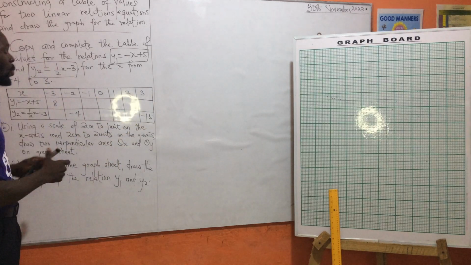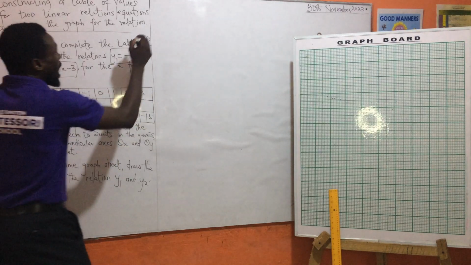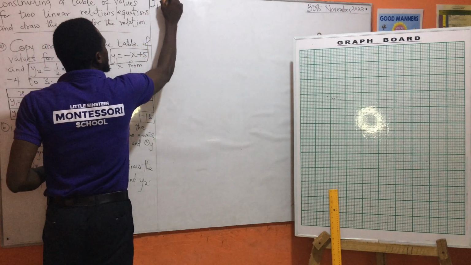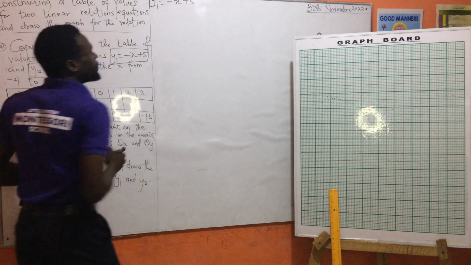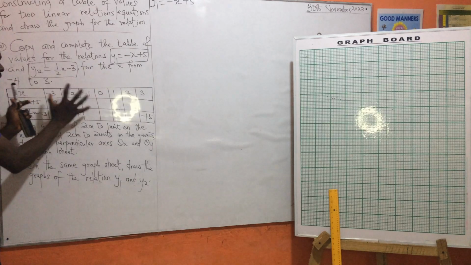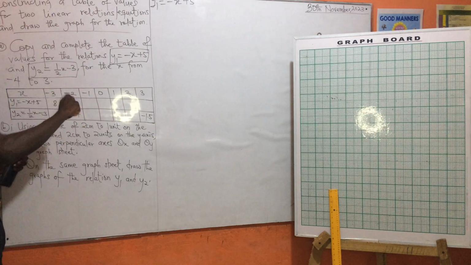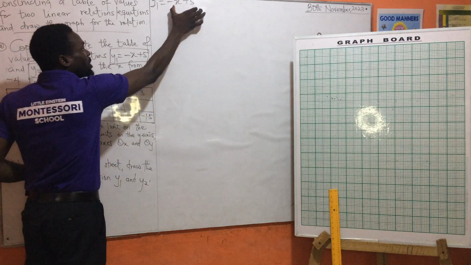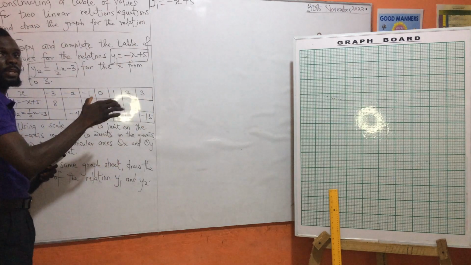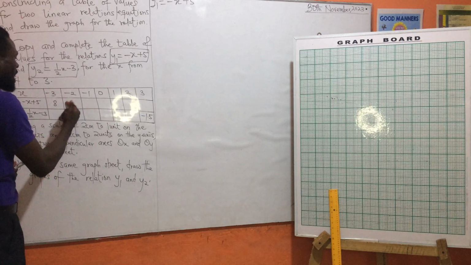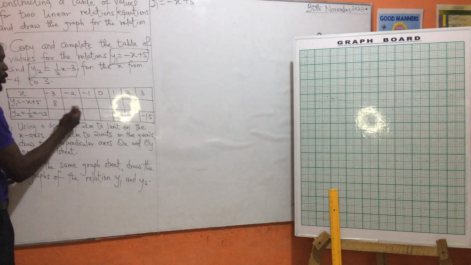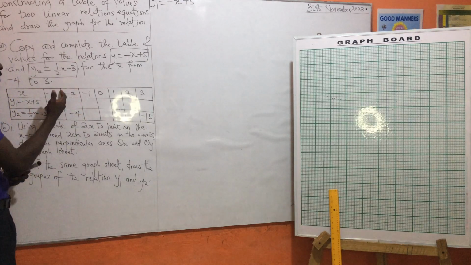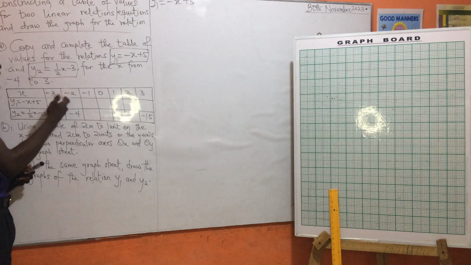So let's take the y1 relation. The y1 has been given as negative x plus 5. To complete the relation, all we need to do is take the x value, then substitute it in the equation given so that we can find the y1. So we have the first one where x is negative 2.